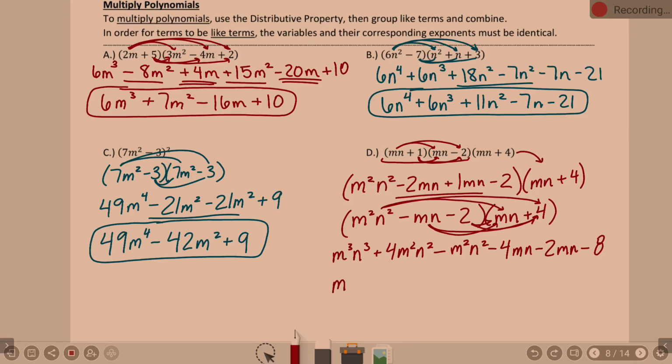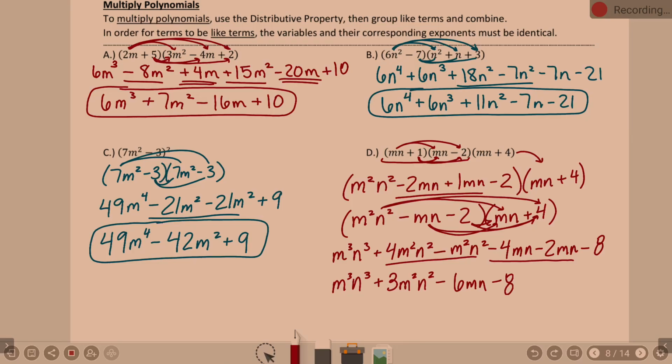I'm going to carry down m cubed n cubed. 4 m squared n squared minus 1 m squared n squared is 3 m squared n squared, and negative 4 mn minus 2 mn is minus 6 mn.